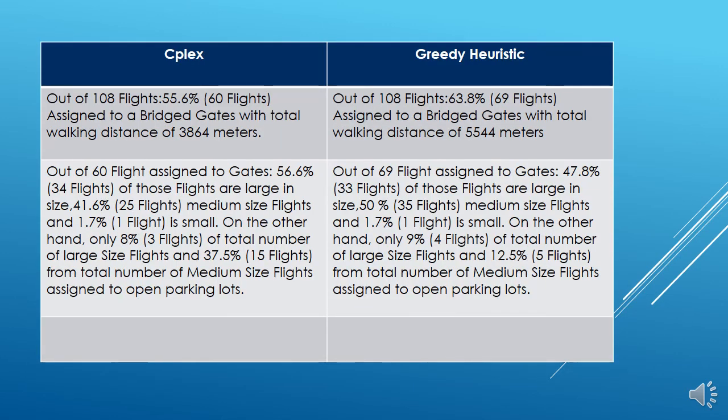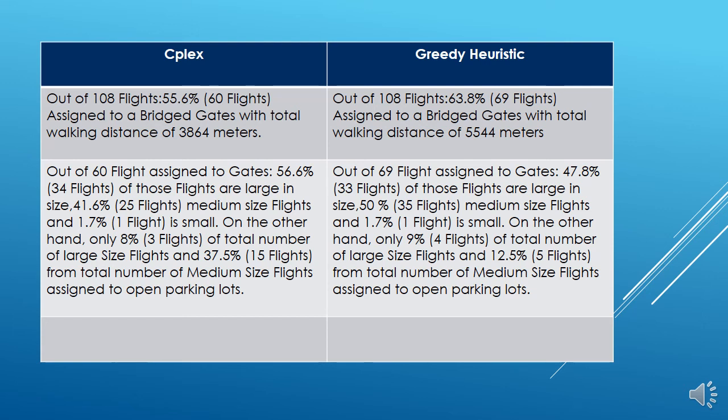And here is a small comparison between what we got in simplex and what we got in the greedy heuristic. We found that out of 108 flights in simplex, we got 60 flights assigned to bridge gates with a maximum walking distance of 3864, while in the greedy heuristic we found that 69 flights were assigned.